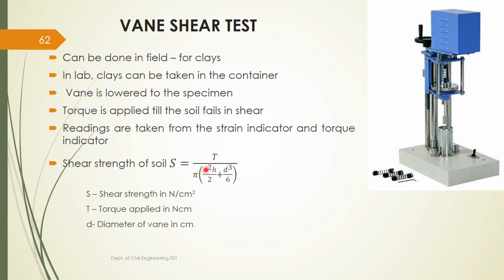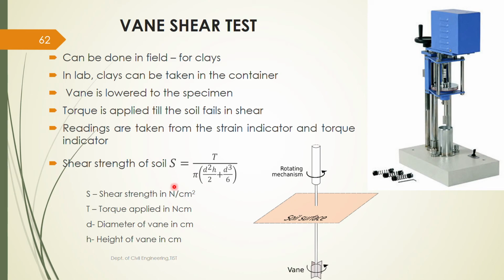And D is the diameter of the vane. See, here you have the vane, right? The diameter of the vane is D, and H is the height of the vane. So we can easily get these values and find out the shear strength of soil. In the field also, this is the vane. Can you see the vane?